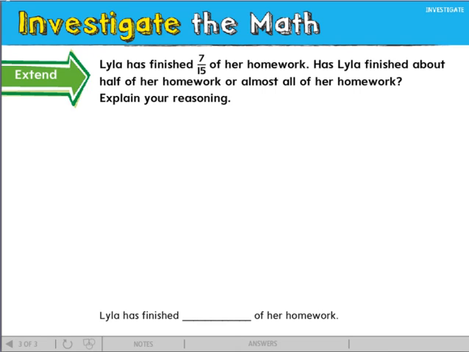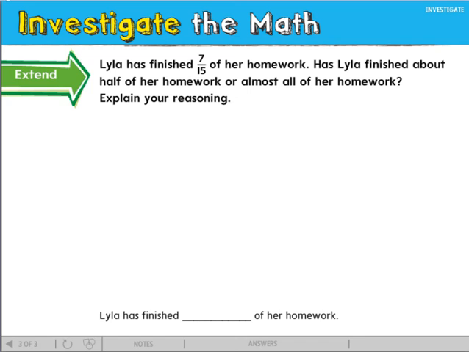So Leela has finished 7/15 of her homework. Has Leela finished about half of her homework or almost all of her homework? Explain your reasoning. So, yes, ma'am.